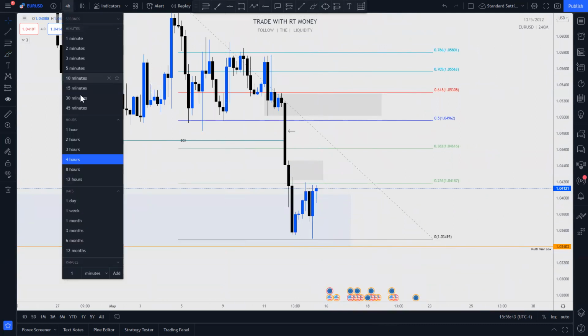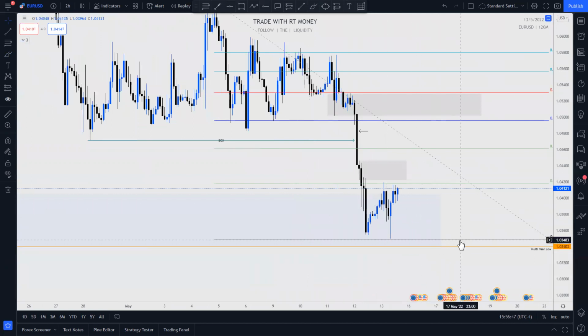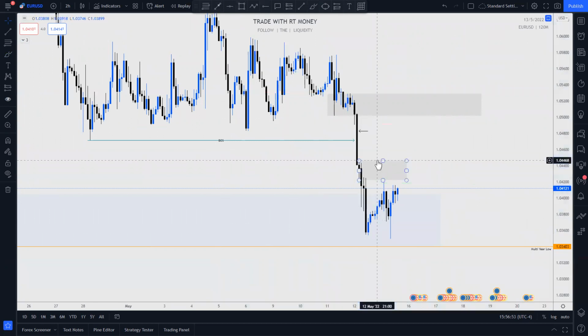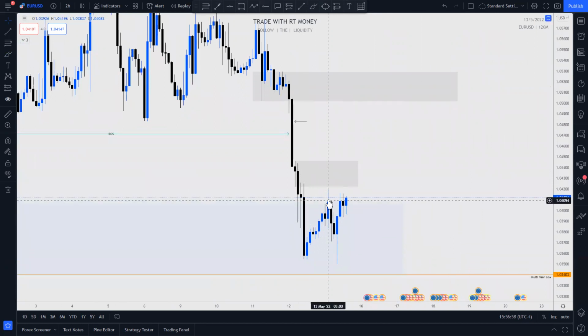Why? Look on the 2 hour. On the 2 hour, let me get rid of this. Come on, man. This thing drives me crazy. All right. You can see price has some points here where supply could be found, and I'm going to keep my eye out.